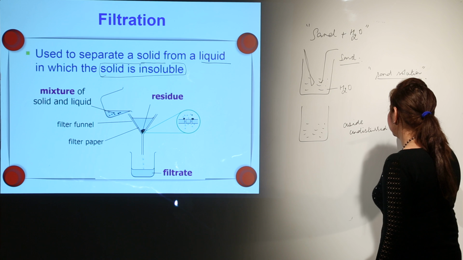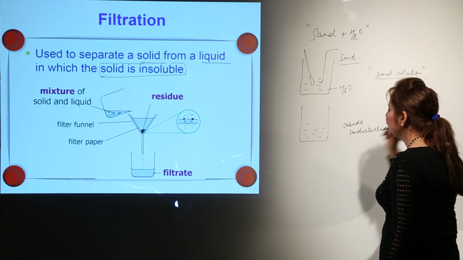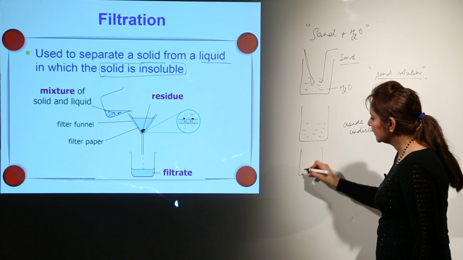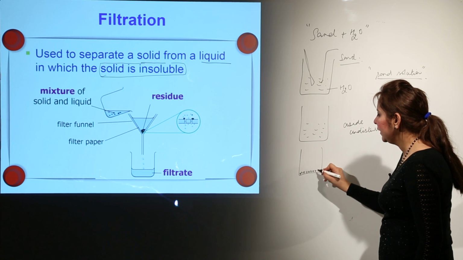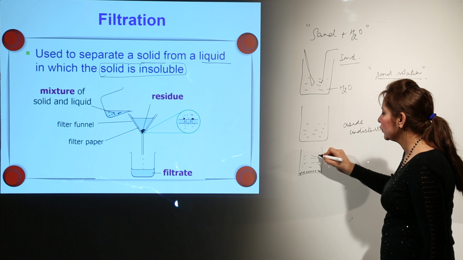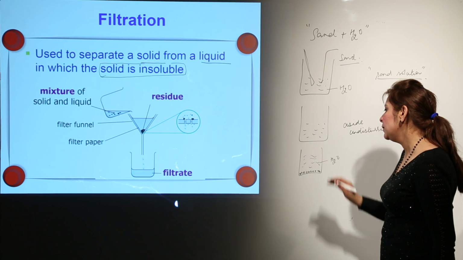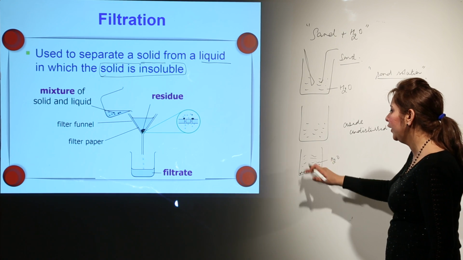for a few minutes. Then what I get to see is that the sand particles, being heavier, settle down, and this is the water. Then I carefully pour this liquid.